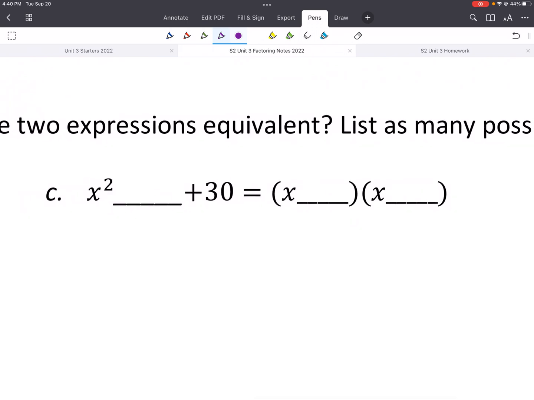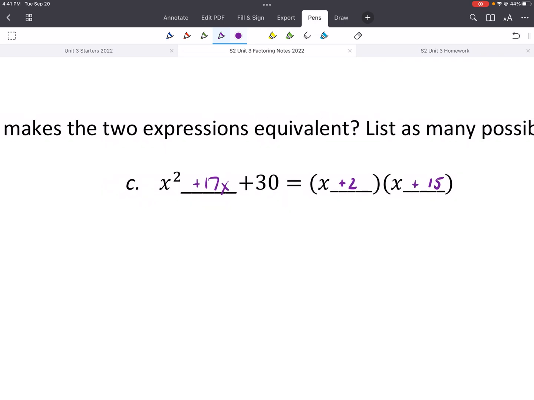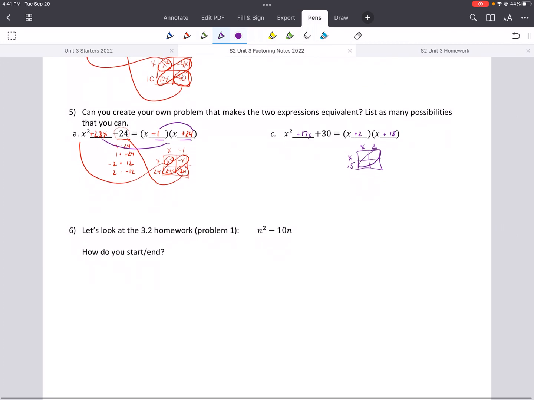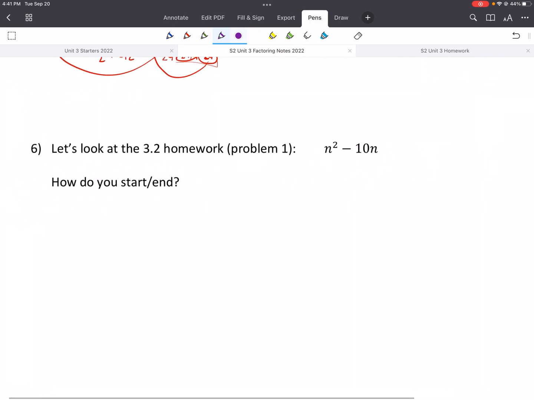I'm going to do 2 and 15. So 2 and 15. If you multiplied that, it would give you 30. And then we'll just add those together to give us plus 17x. But again, you could use a box if you were stuck. You could do x plus 2 and x and 15 and figure out what these two things need to be.